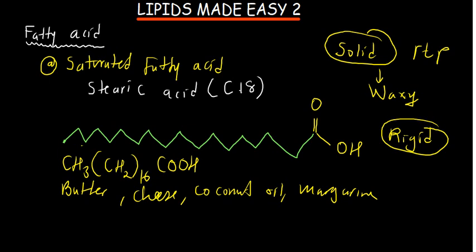You also think of fried foods, where the oil is going to be solid. So these are examples of saturated fatty acids. Just know that because there is no double bond, the structure is rigid. That makes them solids. Do you have a question on this one?